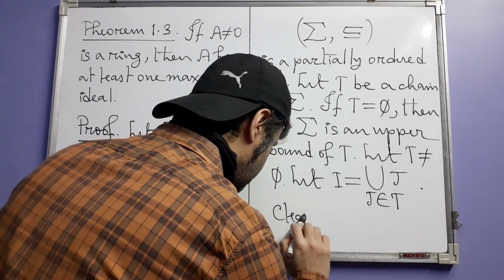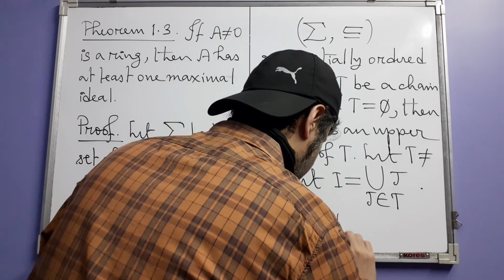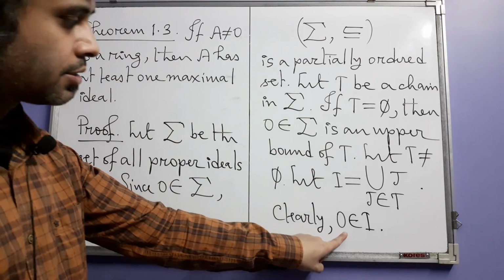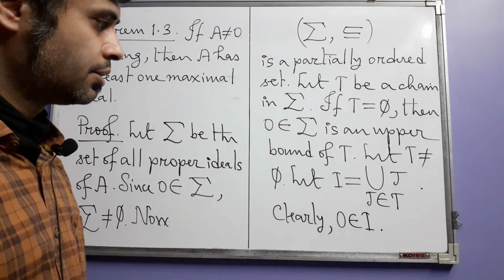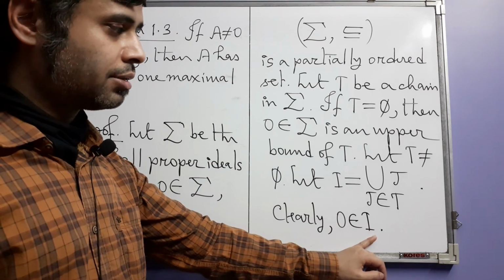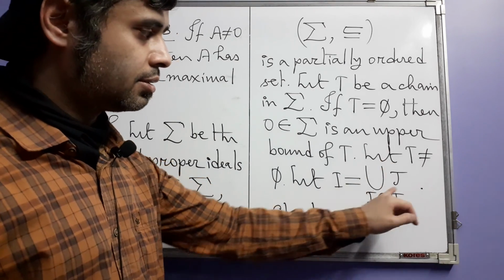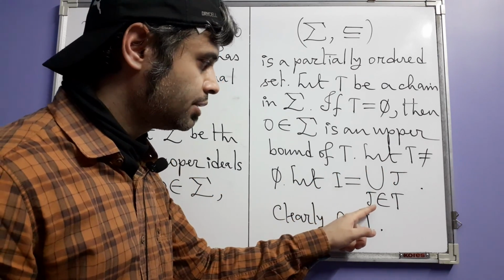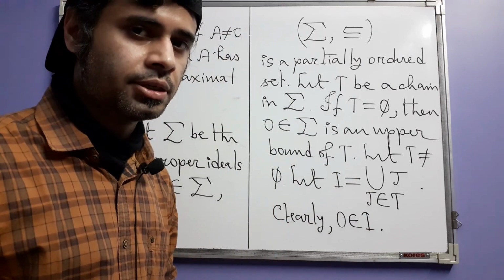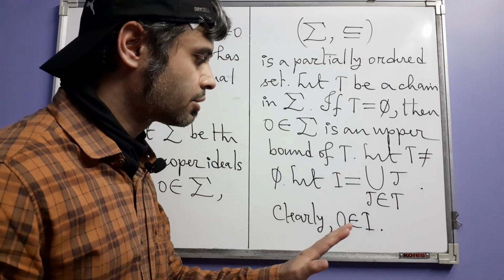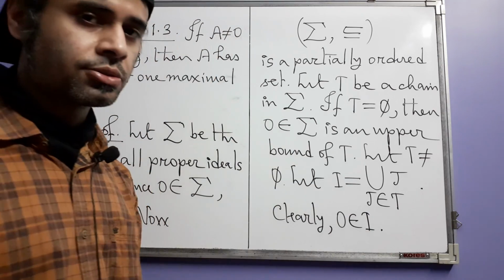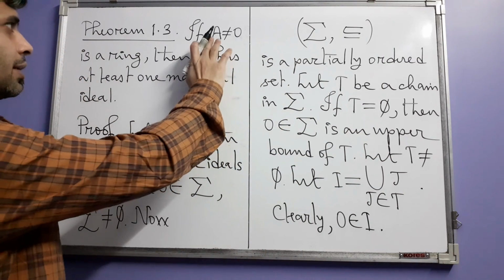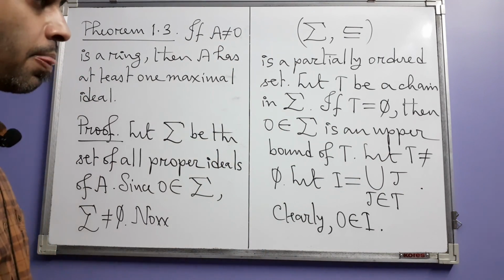Clearly, zero belongs to I. What is this 0? This 0 is the ordinary 0 element of our ring. Why does 0 belong to I? Well, because 0 is in every J here, and the non-emptiness of T ensures that we have at least one J in this union, so that the union itself is not empty, and that's why 0 belongs to I. So I now becomes, whatever it is, a non-empty subset of A. Okay.